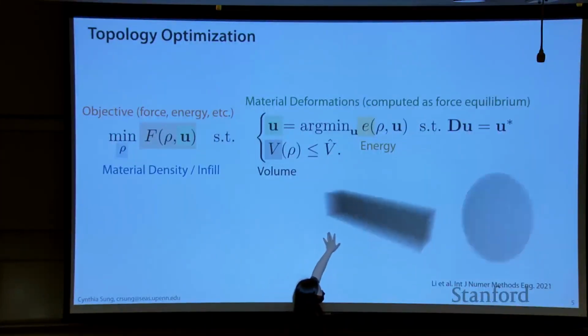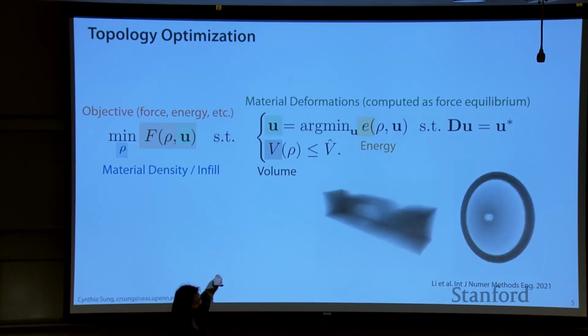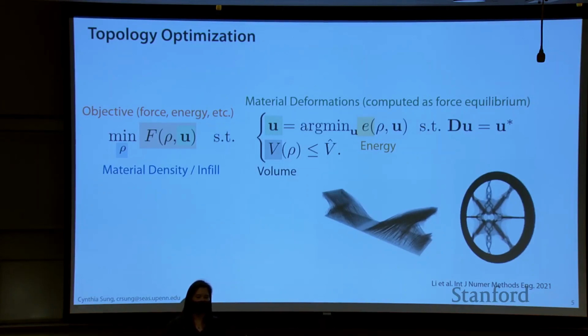So in this case, what these authors were producing was this bridge where there's a point load in the middle, and they were trying to minimize the compliance of that bridge. What you're seeing on the right is if there were radial forces, then by solving this optimization problem, you get a wheel, right? And so these approaches have often been applied to static scenarios.